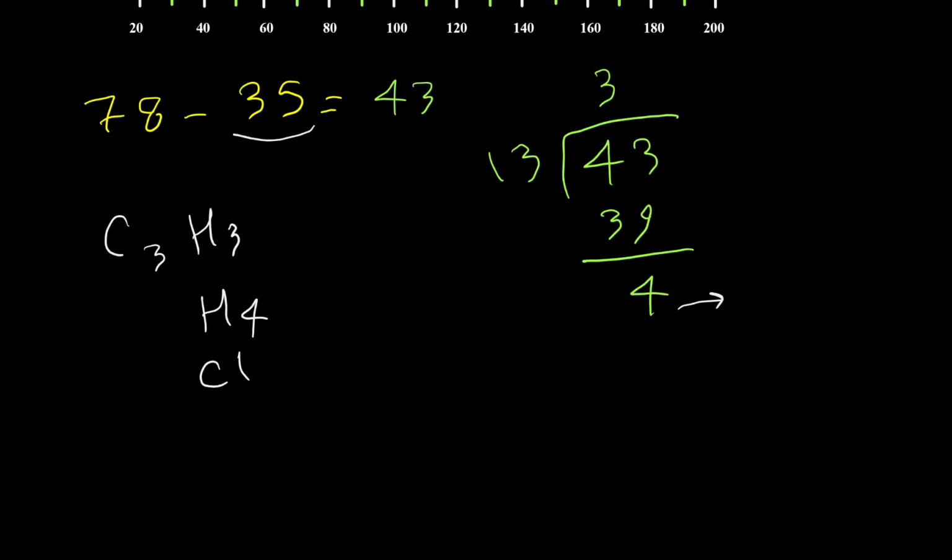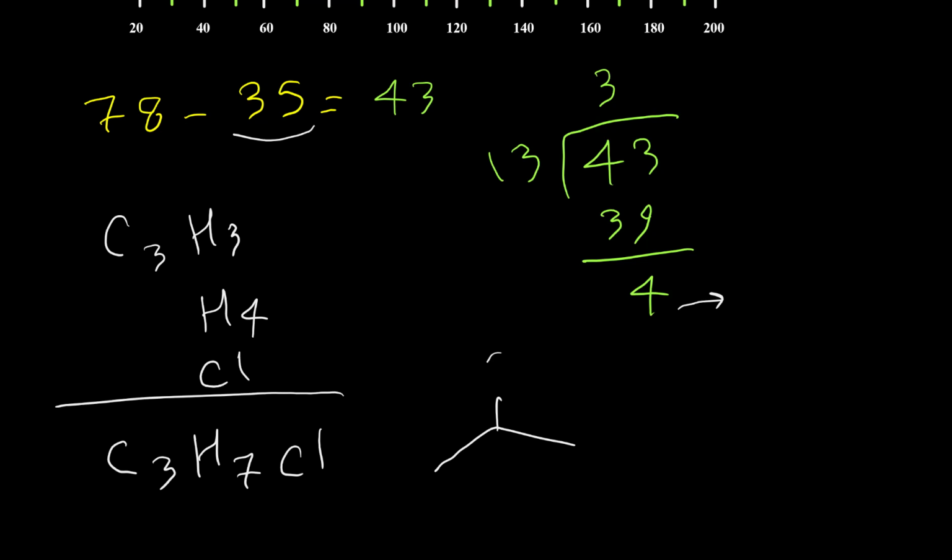Then the formula for this compound is C3H7Cl, and one of the possible structures for this compound is 2-chloropropane, and the degree of unsaturation is 0.